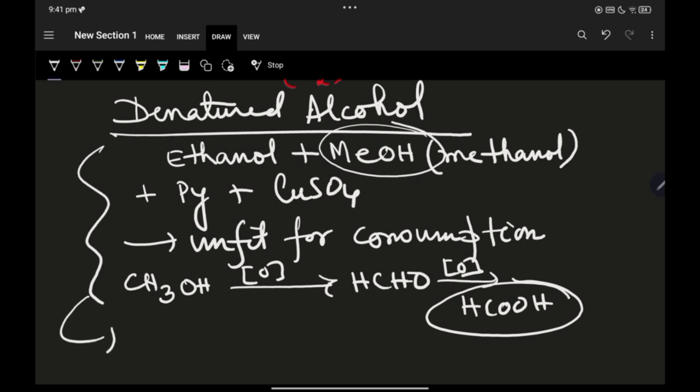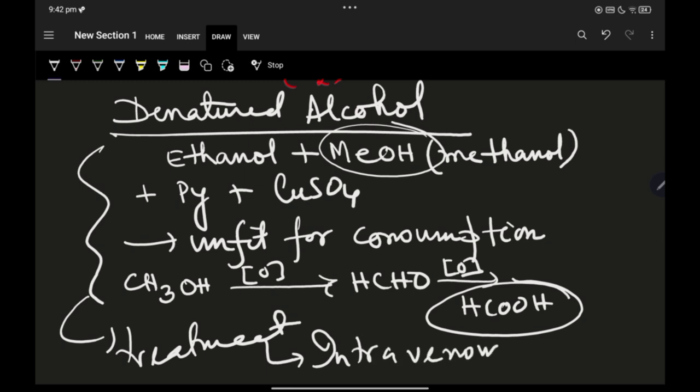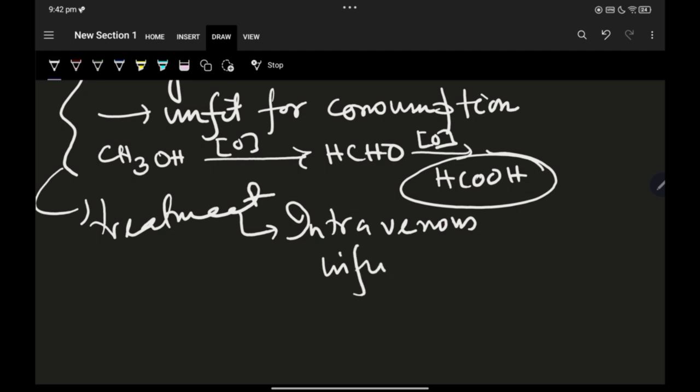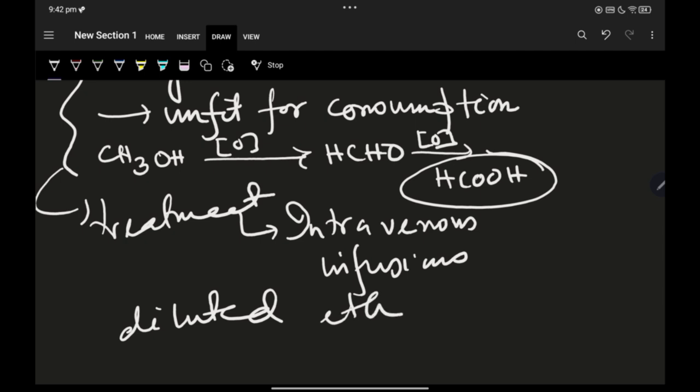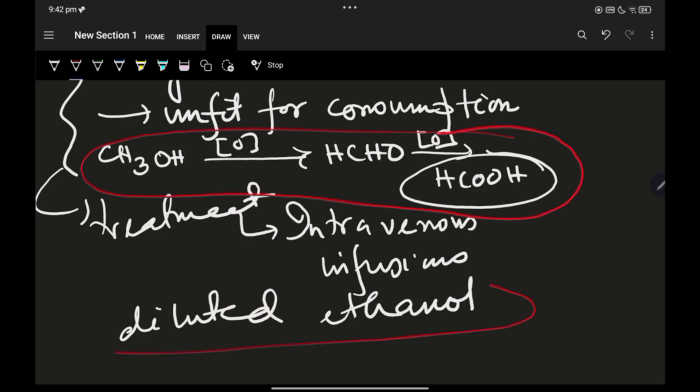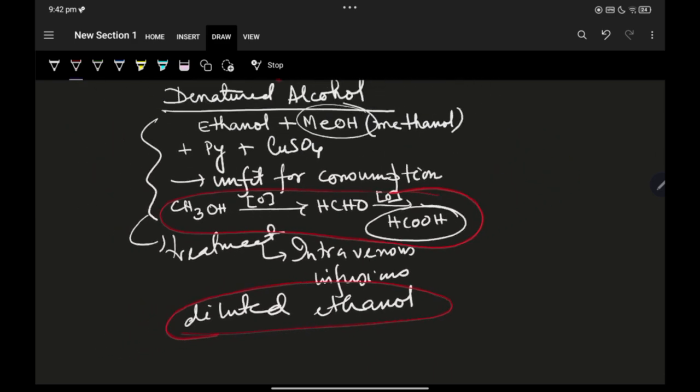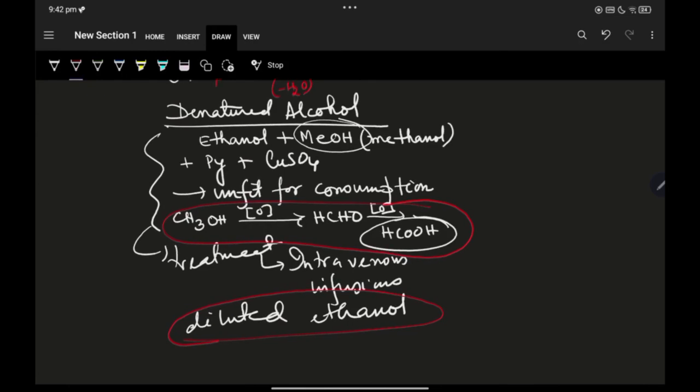As a treatment, intravenous infusions are being given, which actually contain diluted ethanol in order to damp the oxidation of this methanol to methanoic acid, because when you give excess of diluted ethanol, it actually damps the action of methanol getting oxidized to methanoic acid.